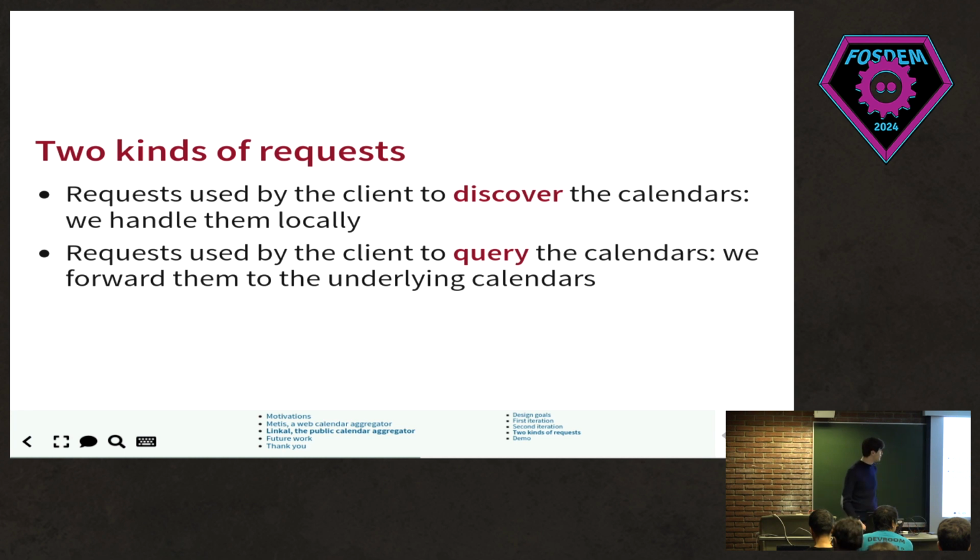It would make no sense. And the second type of request is the one that, once the client has a list of all the calendars that are in the collection that we are trying to give to it, it can query the individual calendars, and this we can completely just forward to the underlying calendars and practically do nothing on them.